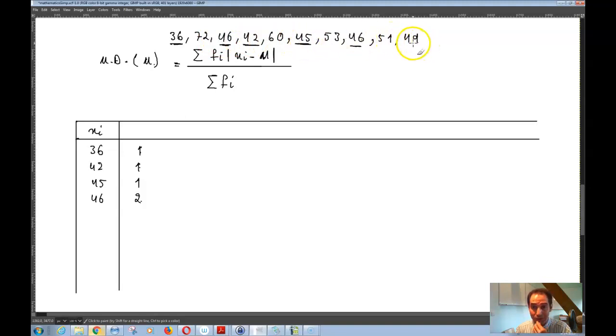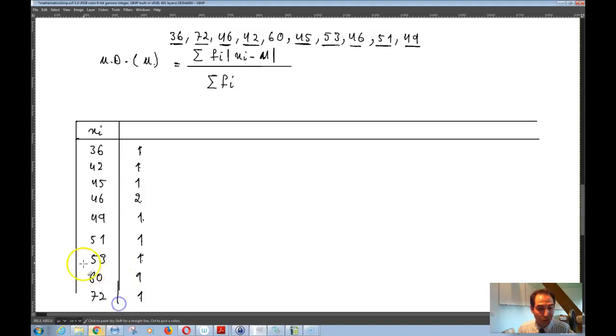In the 40s, you have 49 once. Then you have 51 once, you don't have 50. Then you have 53 once. And there is also 60 once and 72 once.